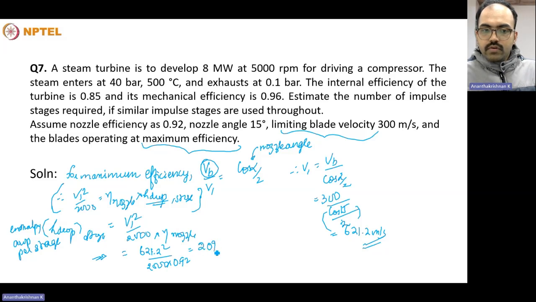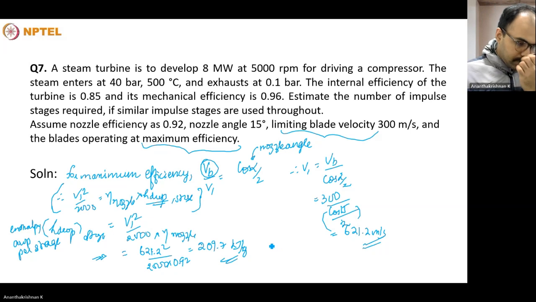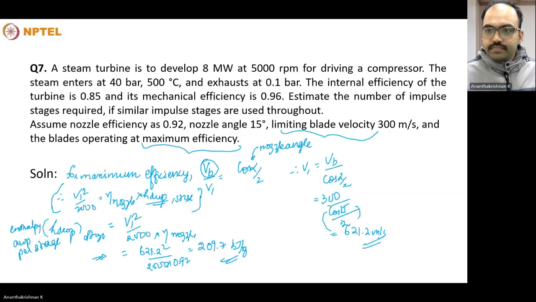That will be equal to 209.7 kilojoule per kg. Therefore, the enthalpy drop per stage is 209.7.